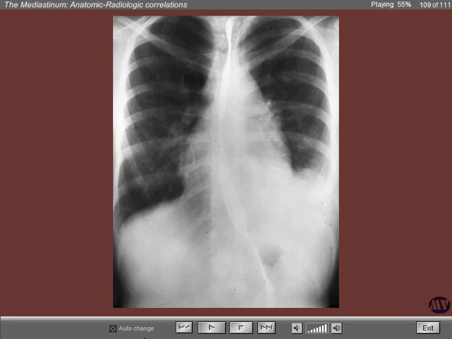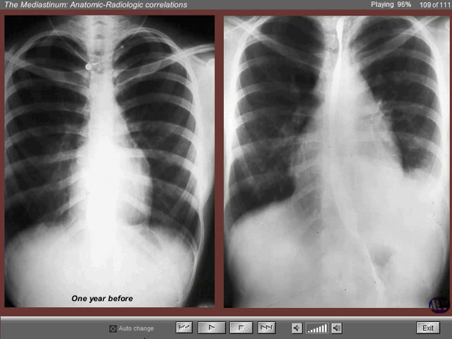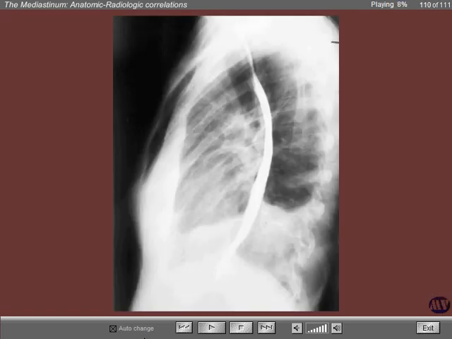At first glance, the enlargement of the heart shadow was not appreciated until we could compare this study with the immediate previous one taken a year before. A lateral chest röntgenogram shows that there is a left pleural effusion. Note also fullness of the retrosternal space. In view of this latter finding, the diagnosis of a possible mediastinal tumor was entertained.